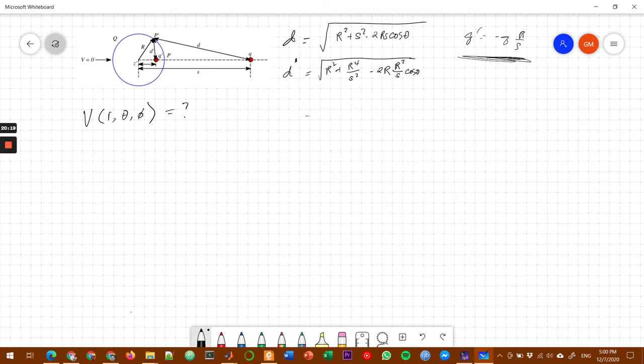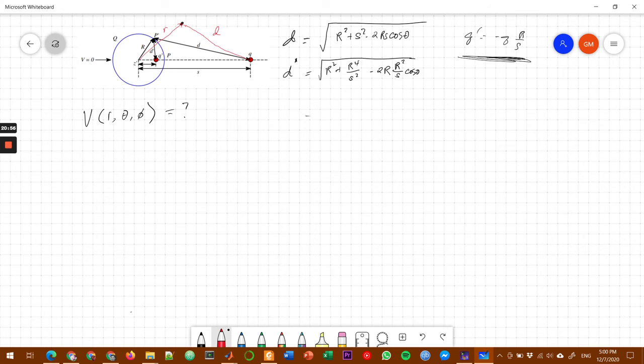So it's simple, because if I want to get the potential at this point, I just draw a line there, that would be my small r, and that would be a distance d.